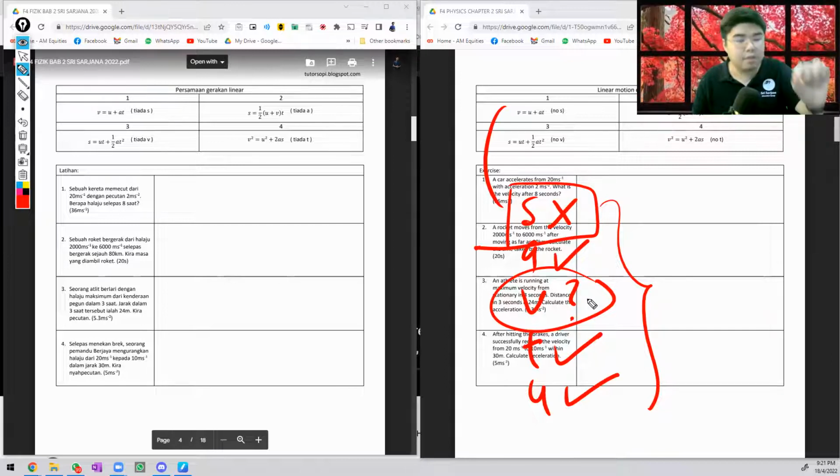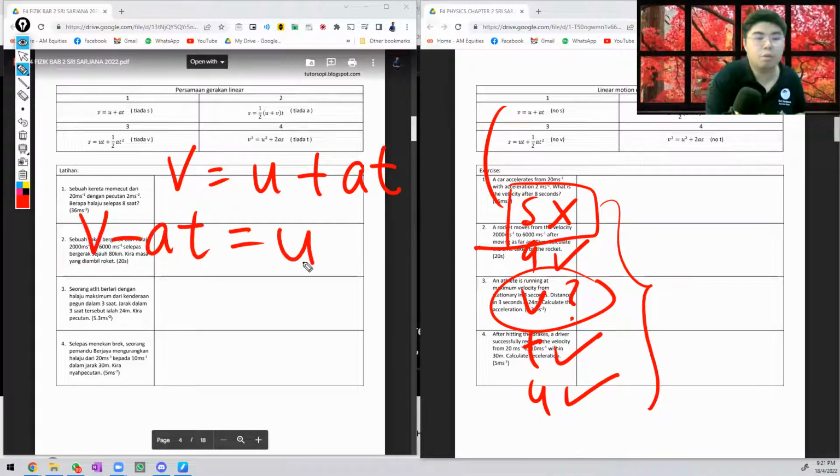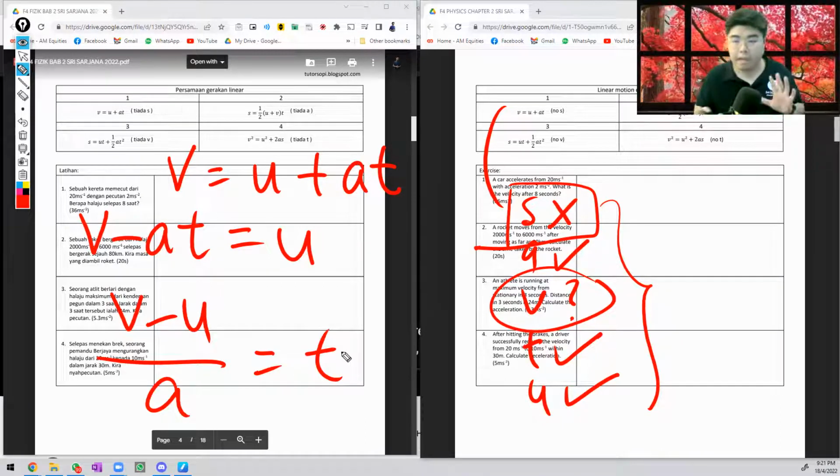Now this formula can also be turned around. From V equals U plus AT, of course, as a Form 4 student, you are expected to do mathematics. You can also make it V minus AT equals U to find the U. It could also very well be V minus U over A to find T. Can.